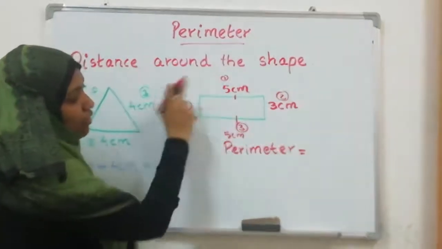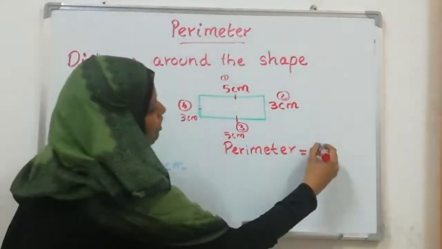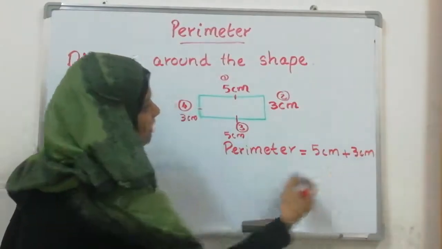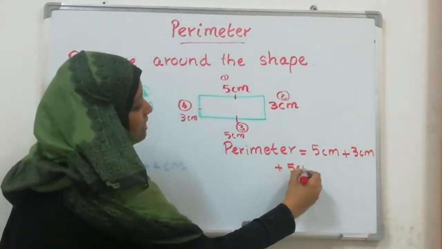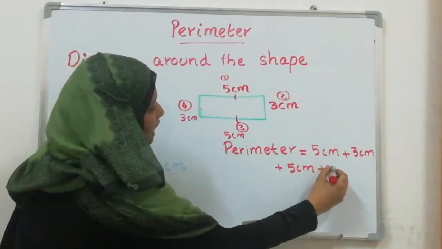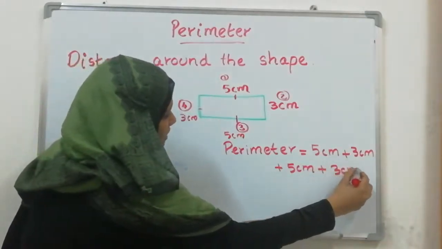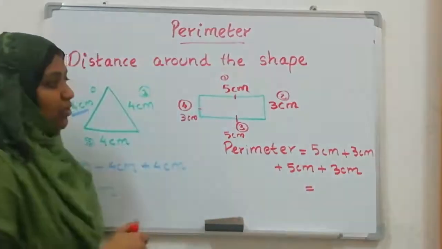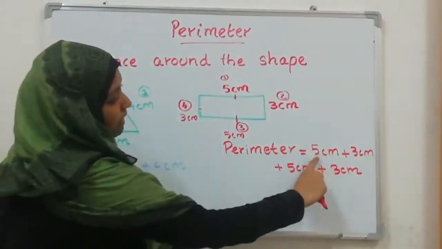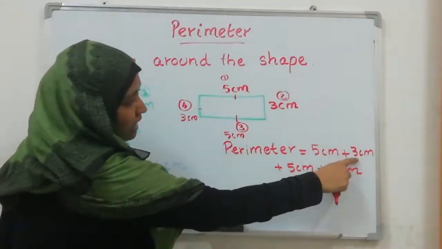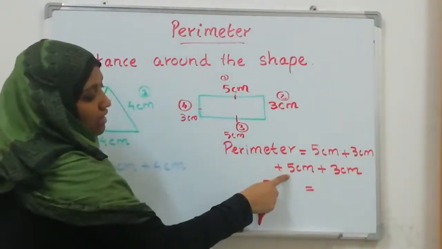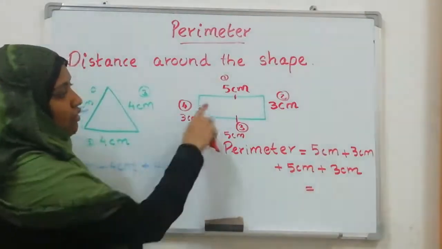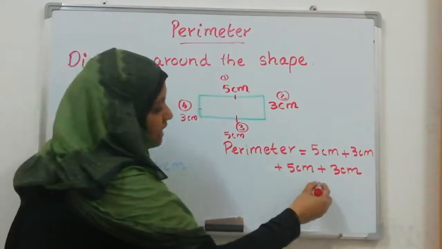So add all the 4 sides of a rectangle: 5 centimeter plus 3 centimeter plus 5 centimeter plus one more side, that is also 3 centimeter. 5 plus 3 is 8. 8 plus 5 is 13. 13 plus 3 will be 16. So the perimeter of the rectangle will be 16 centimeter.